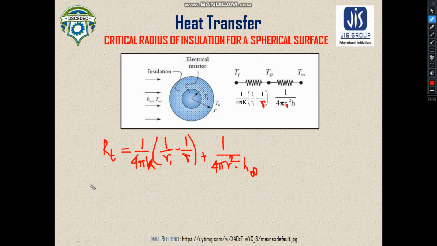We just do a differentiation with respect to the outer radius, or the radius of insulation.